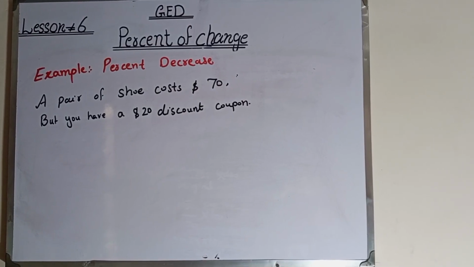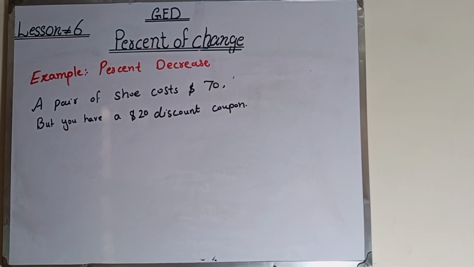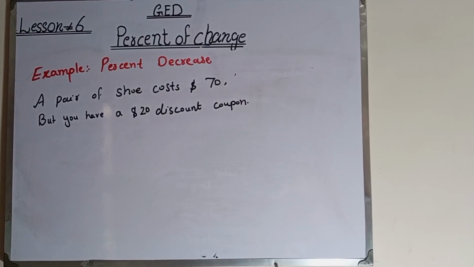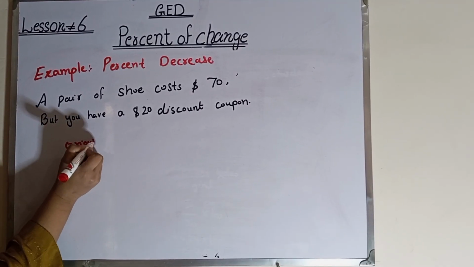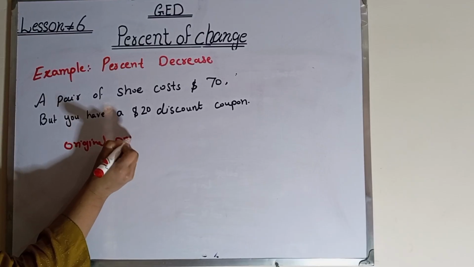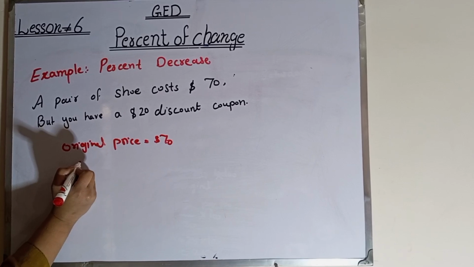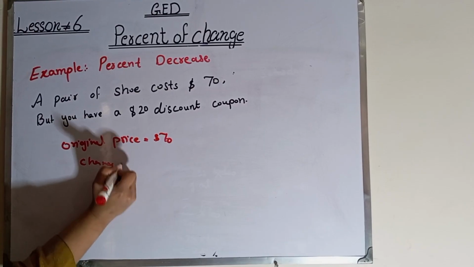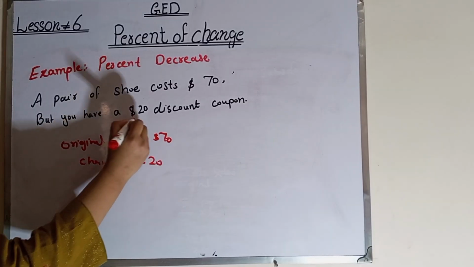Example of percent decrease. A pair of shoes costs $70, but you have a $20 discount coupon. Our original price is $70 and the discount coupon is 20. Our change is minus 20 because it's a discount.